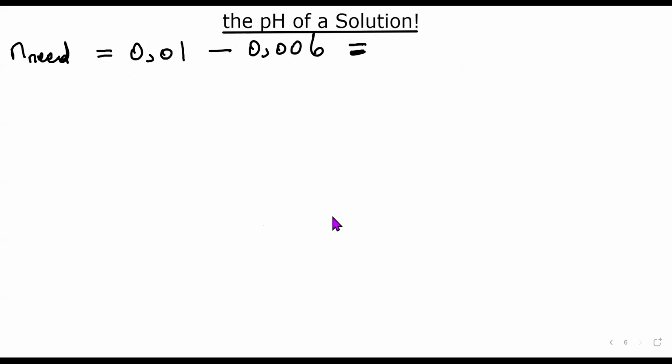And of course, if you say 0.01 minus 0.006, you find that 0.004 moles were used to react with the metal carbonate.